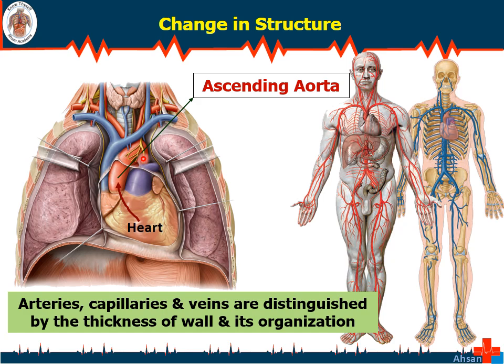Gradually the artery divides and has a wall of different organization and different thickness, and ultimately becomes very thin capillaries. After that, again it gets a wall that is relatively different in nature. So structure and thickness will give an indication of what type of blood vessel it is.